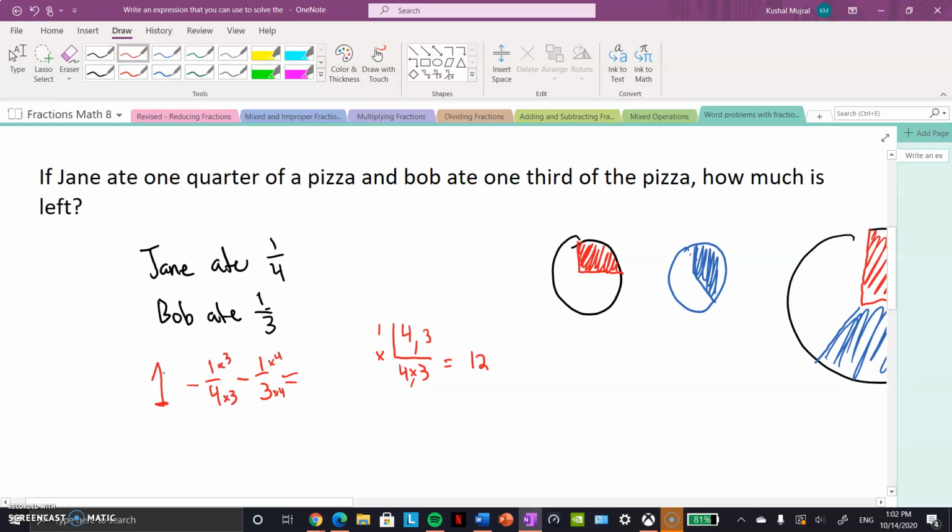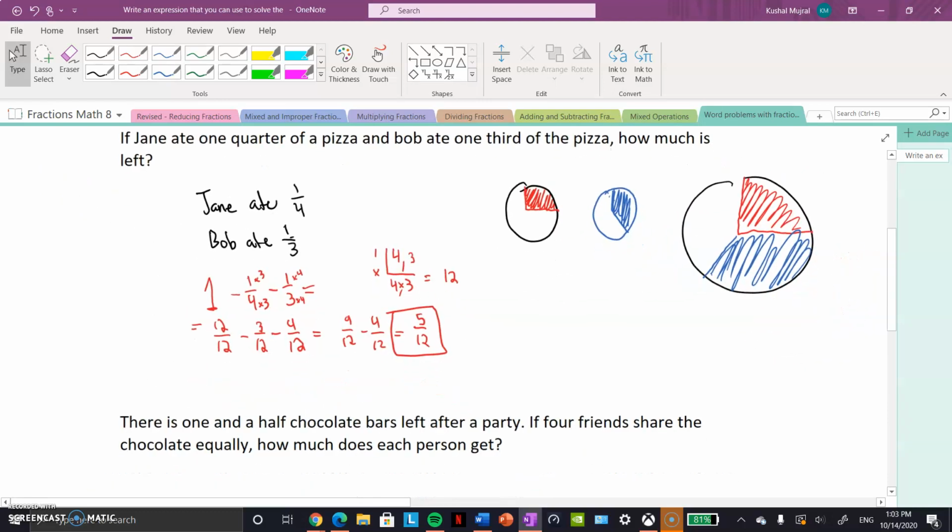And also we want the 1 to be over 12, so we're going to multiply this by 12/12. So 1 is just 12/12. Then this becomes 3/12. This becomes 4/12. Then we're left with 9/12 minus 4/12, which is 5/12. And that's how much we're left with.